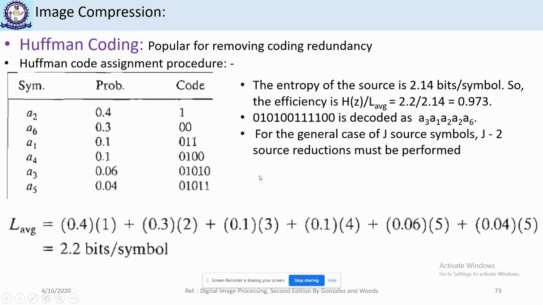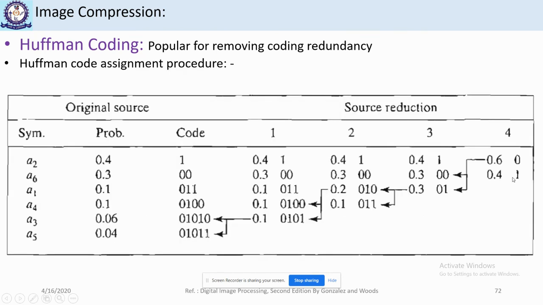Now, the limitation of Huffman coding is that if we have J source symbols, then we have to go for J minus 2 source reductions. In this case there are a total of 6 symbols, A1 to A6, and we had to go for 4 source reductions.